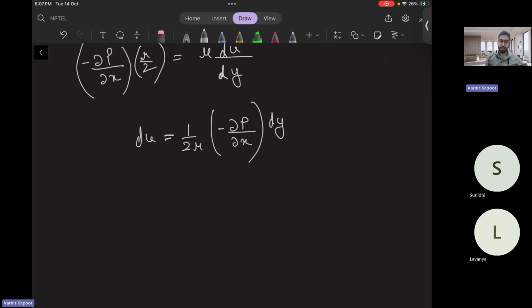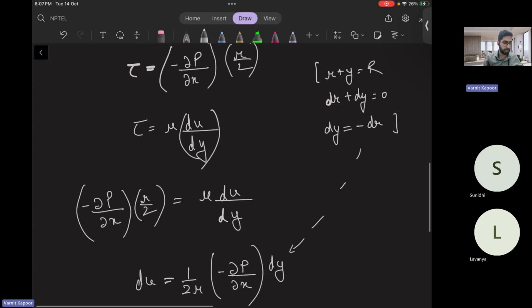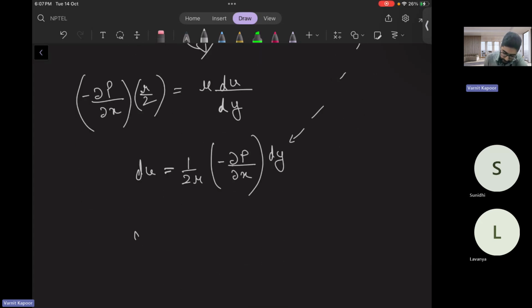Now we will integrate it. We know that dy is nothing but minus r dr, so if you put this dy, your relation will be du is equal to 1 by 2 mu minus dou p by dou x, dy is r dr with a negative. So this becomes positive, negative and negative, correct?